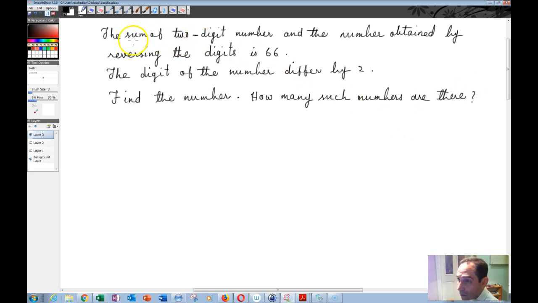So basically you have the sum of a two-digit number, meaning that you have a number that has two digits over here, a and b, and if you add it to the number obtained by reversing the digits, meaning BA, for example, this sum is equal to 66.